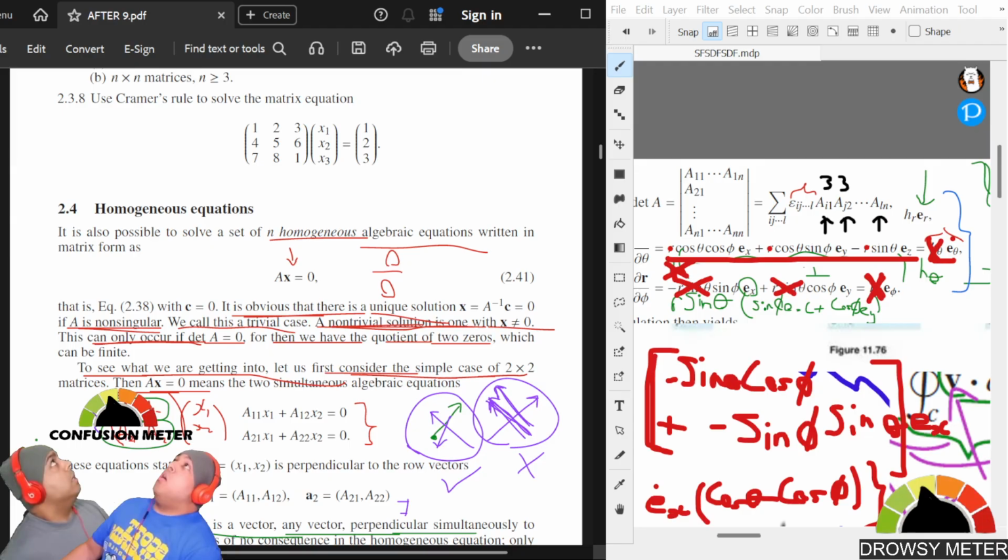So in physics, this would mean that all the terms have the same unit.